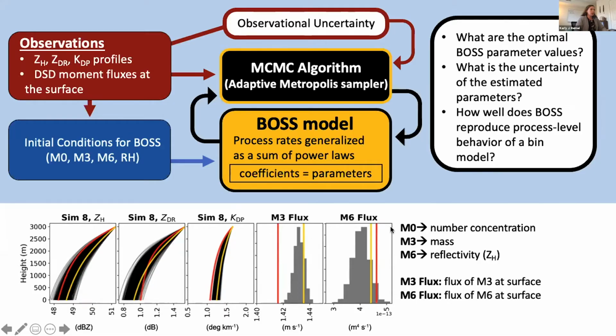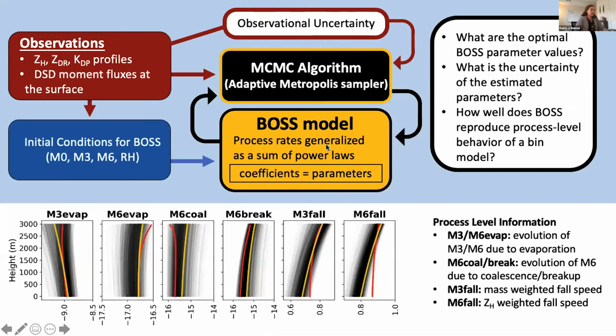Our goal is to figure out what the optimal BOSS parameter values are, and to figure out the uncertainty of these parameters. Because our BOSS model evolves moments of the DSD, we can extract process rate information from this framework. Here I'm showing the results from that case I showed on the previous slide, where M3 evap just represents the evolution of the third moment of the DSD, or M3, due to evaporation. That's the same nomenclature I'm going to be using.